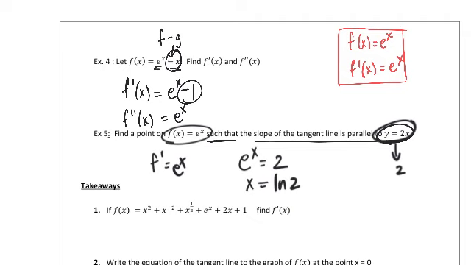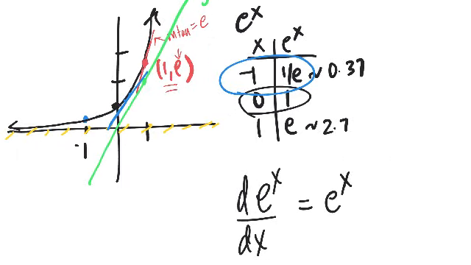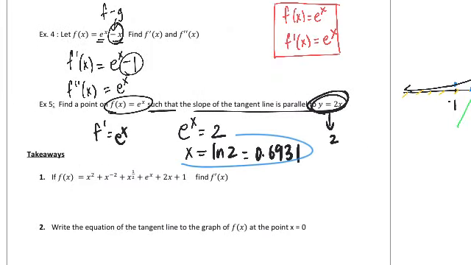X is equal to ln 2 would be the place, and ln 2 on a calculator is 0.6931. So yeah, not bad. If this is 1, I'm not far off from 0.6 for a very rough graph here. So anyway, this is how we do the problem right here.